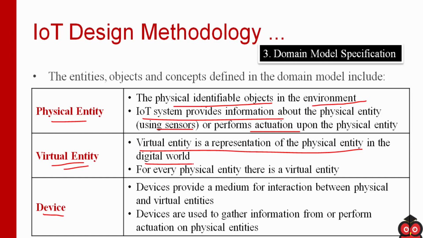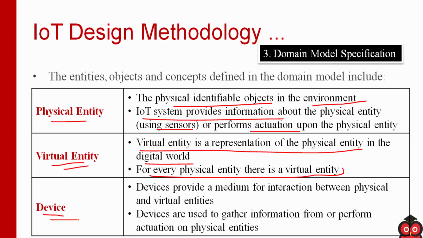The physical entities I have told you are room and appliance. How can you represent those physical things in the program you will write? By using a virtual entity. So we will have one virtual entity for room as well as another virtual entity for appliance, that is the light bulb. You can see here for every physical entity there is a virtual entity.